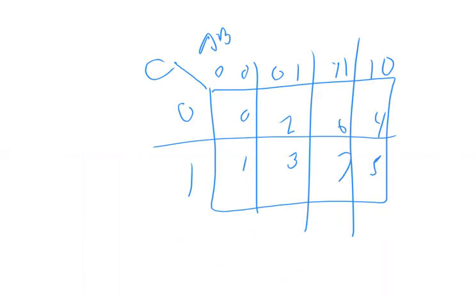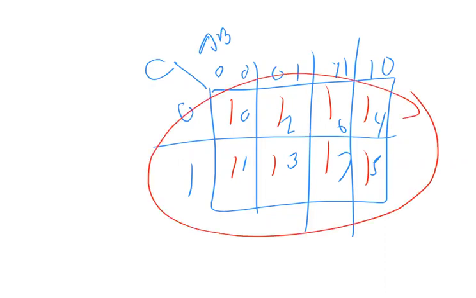And then, interestingly, everything is a 1. So if everything's a 1, what do I loop? Everything. I loop the whole thing. And what's that equal to? Isn't it just 1? Yep.